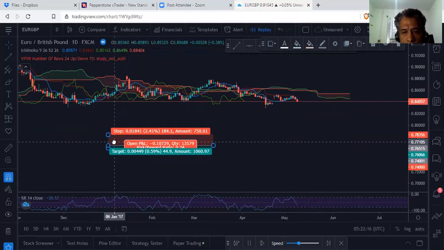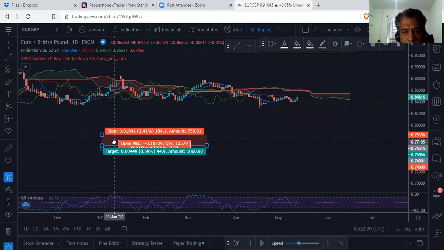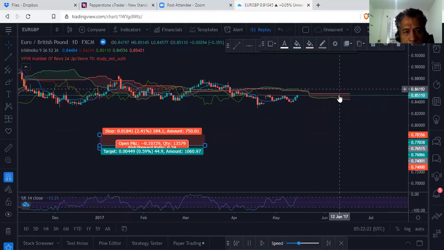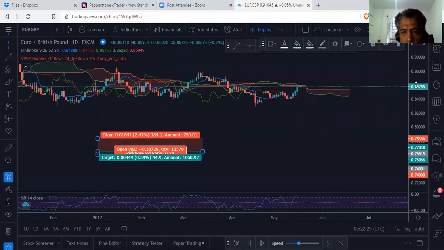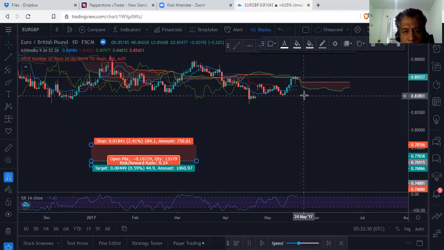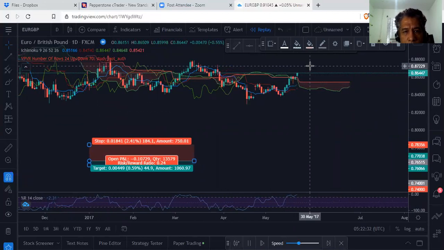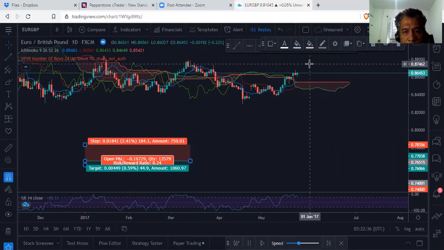I missed it. But this is a ranging market. You can see the cloud is thin, so I can sell high and buy low. If I buy here, probably my TP is here.